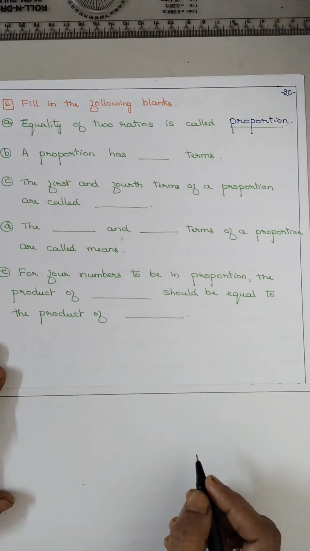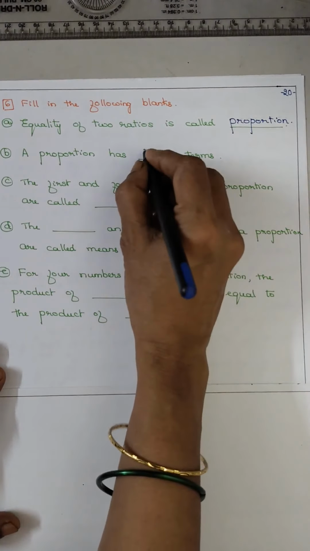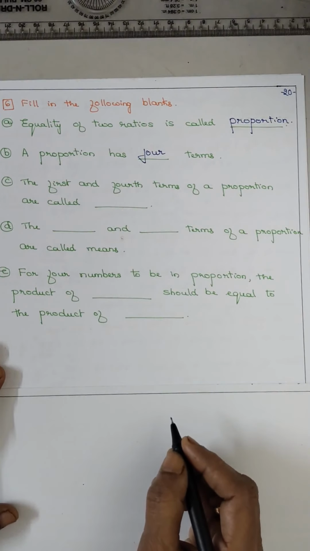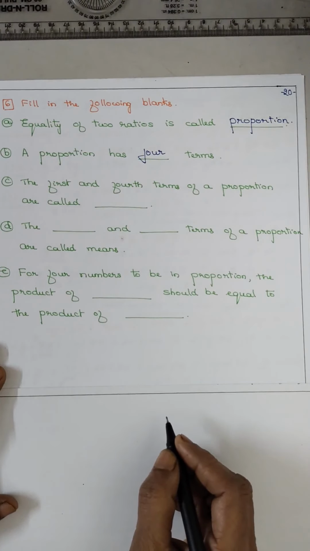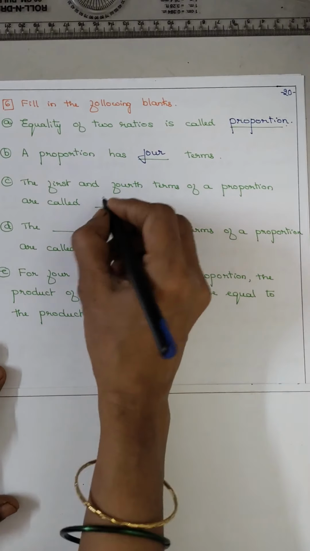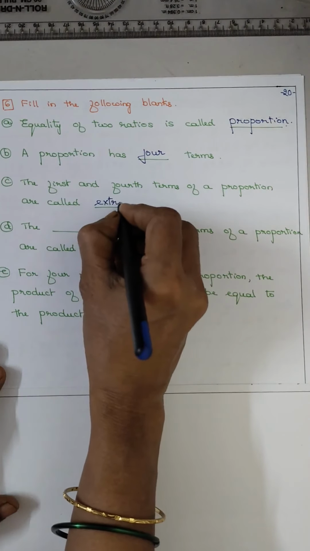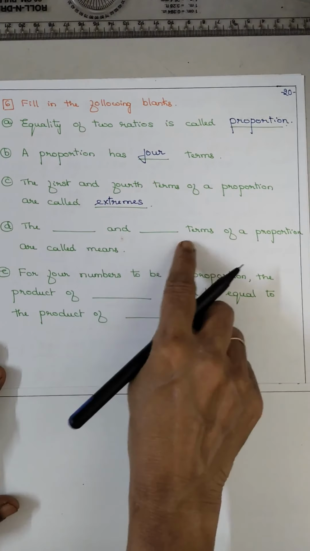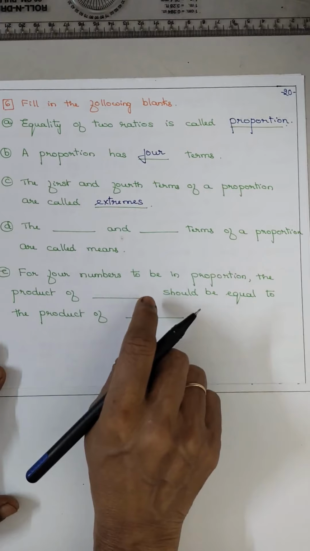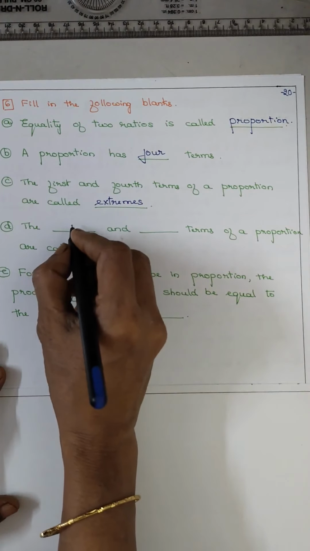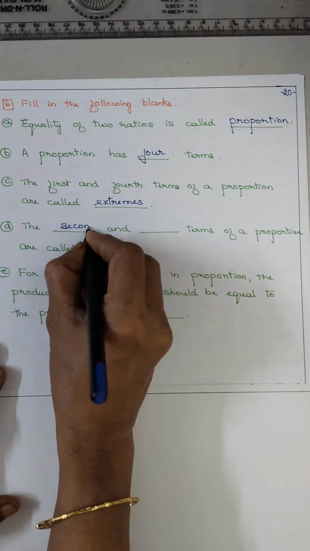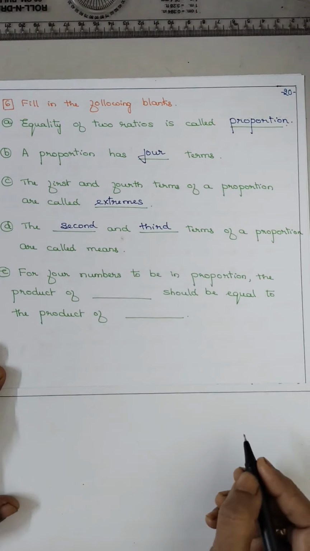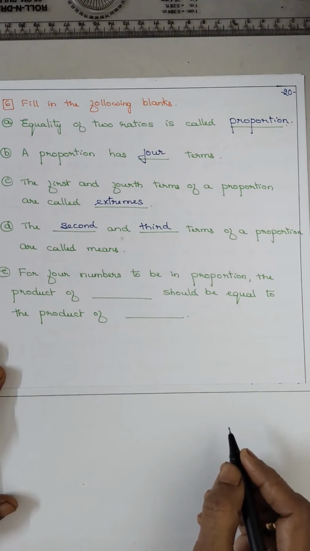A proportion has how many terms? 4 terms. The first and the fourth terms of the proportion are called what? First and the last, they are called extremes. The dash and the terms of the proportion are called means. That is the second and third terms are called the means.